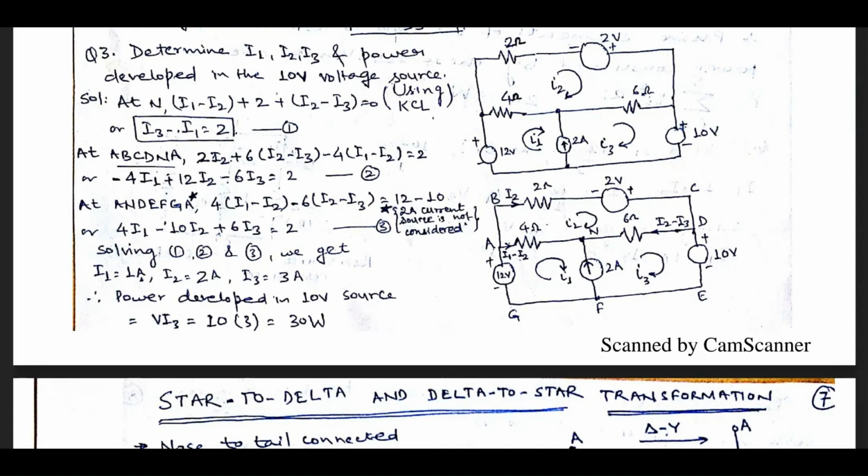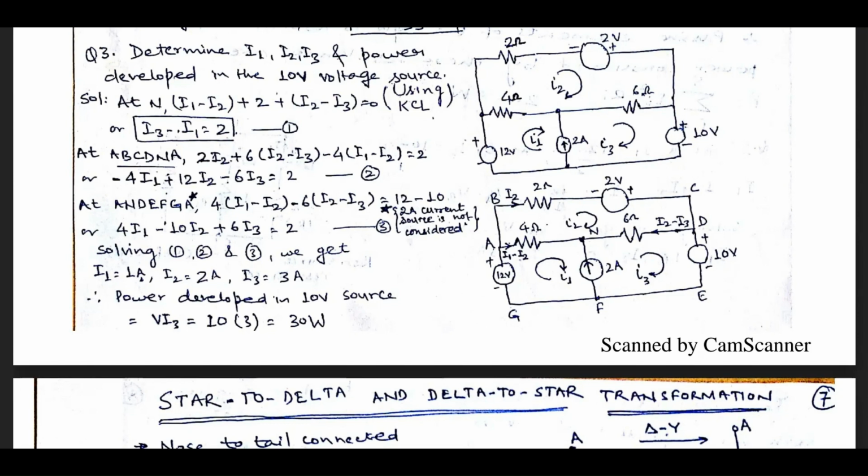For example, current distribution is taking place in nodes A, N, D, F only. In the others, no current distribution is taking place. For example, B and C are on the same branch, which has a resistance and a voltage source, so the same I2 current will be flowing through both.